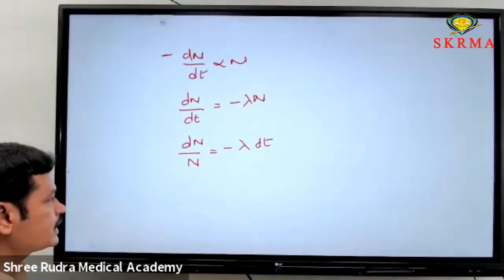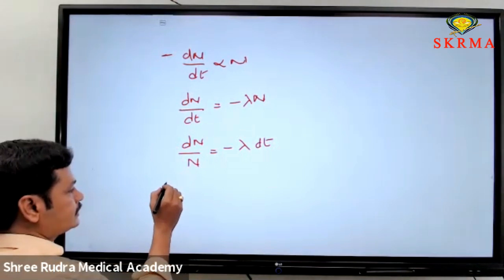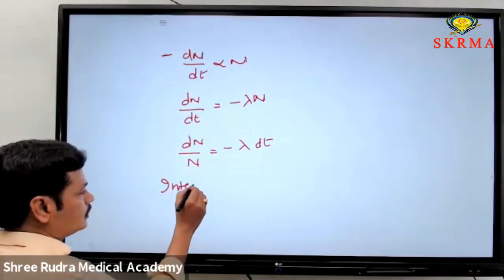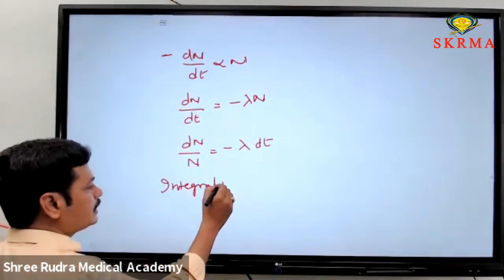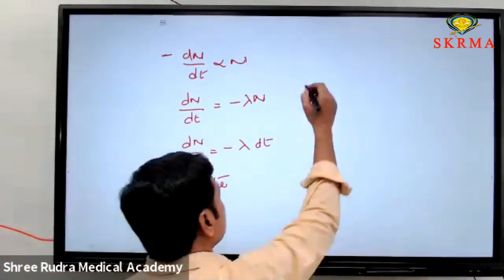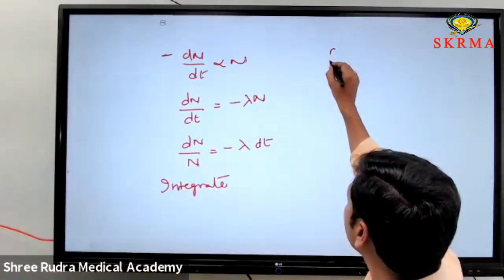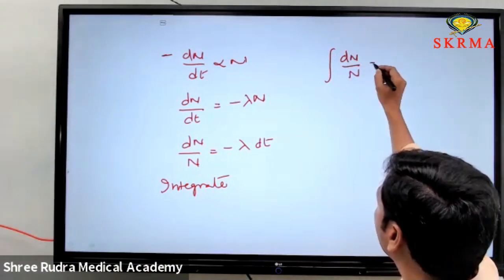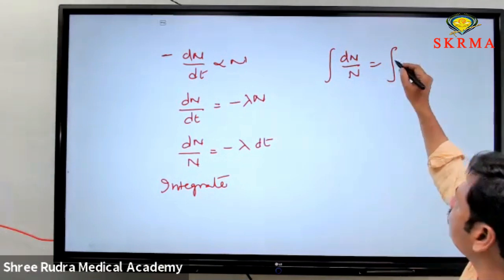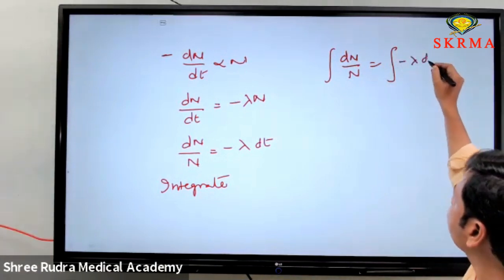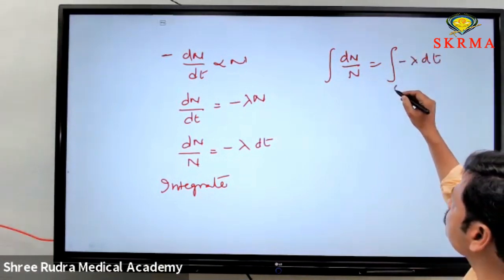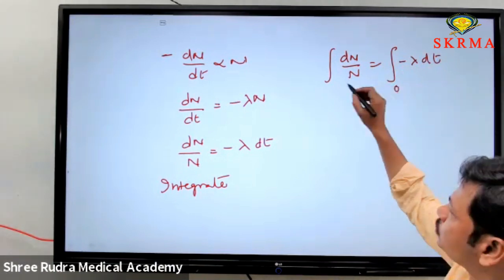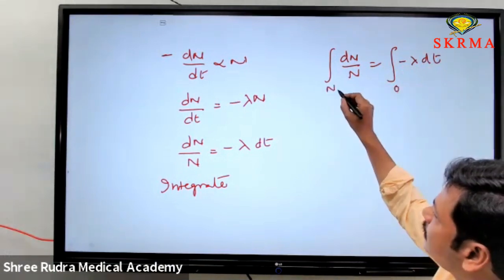If you integrate both sides, you can obtain this equation: integral dN by N equals integral minus lambda dt. Initially, at time t equals 0, the number of nuclei is N naught.